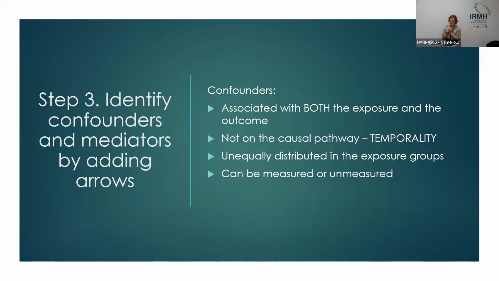Another way to think about confounders is that sometimes it's not really obvious what the association is with the exposure group, but you may know from some other research that whatever you're looking at is unequally distributed in the exposure group. That would imply some kind of relationship, but sometimes it's not super obvious.